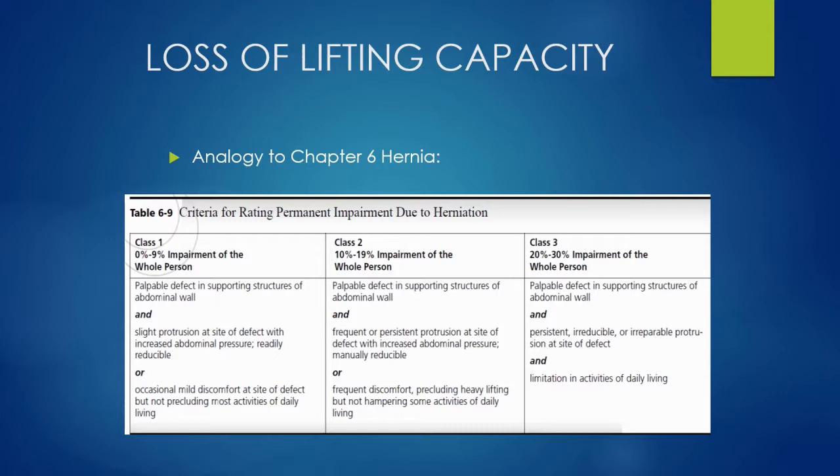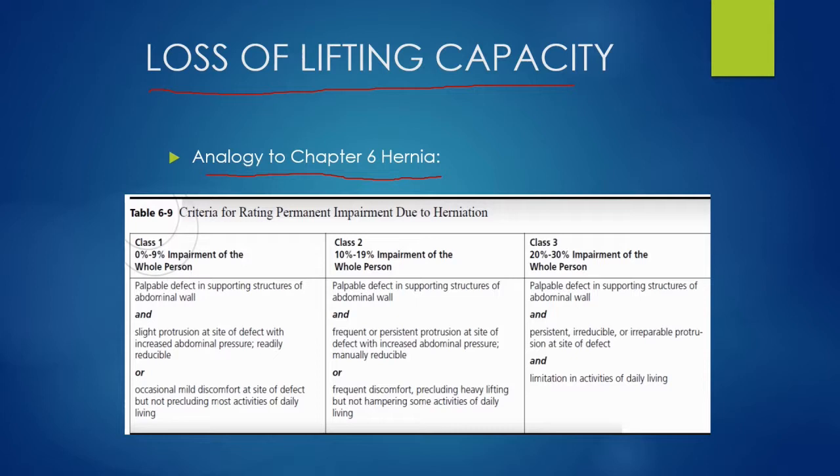So in an examinee who is involved with lifting on a regular basis in his daily and work life, who suffers a loss of lifting capacity, that loss may not be adequately captured in the permanent impairments under the strict application of the AMA Guides, and you may elect that in order to most accurately describe the impact of this shoulder condition on the examinee's daily living and work activities, you need to invoke or employ an analogy to Chapter 6 hernia.